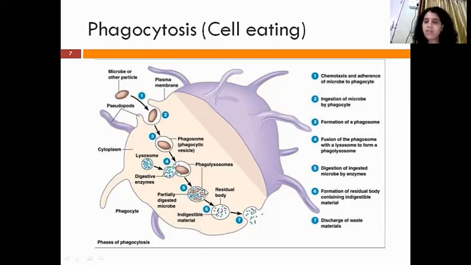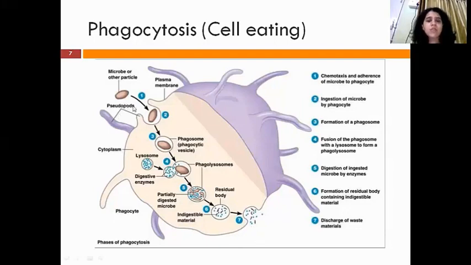So this is your phagolysosome. This is the initial stage, this is the later stage. And last is the residual body. Whatever indigestible material is present after digestion will be removed. That is the discharge of the waste material.